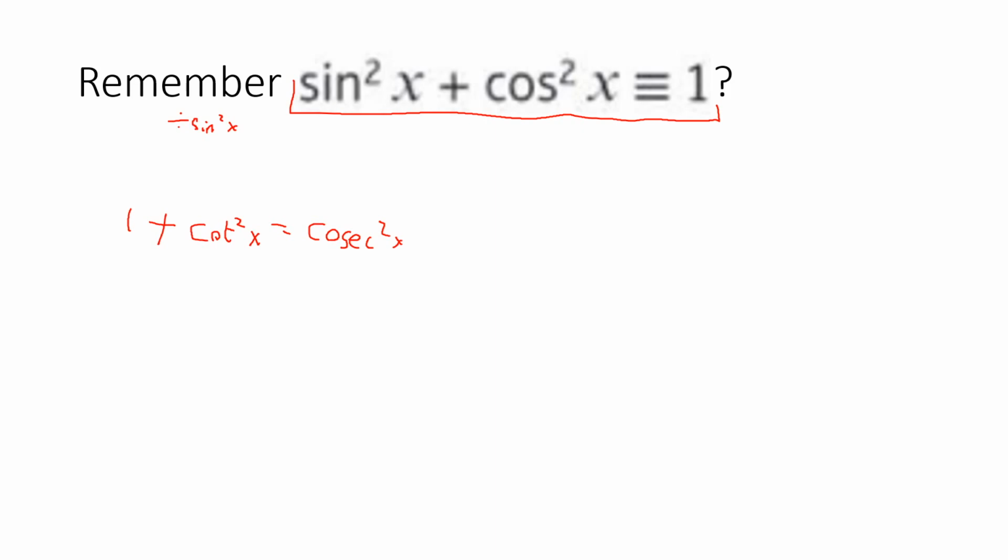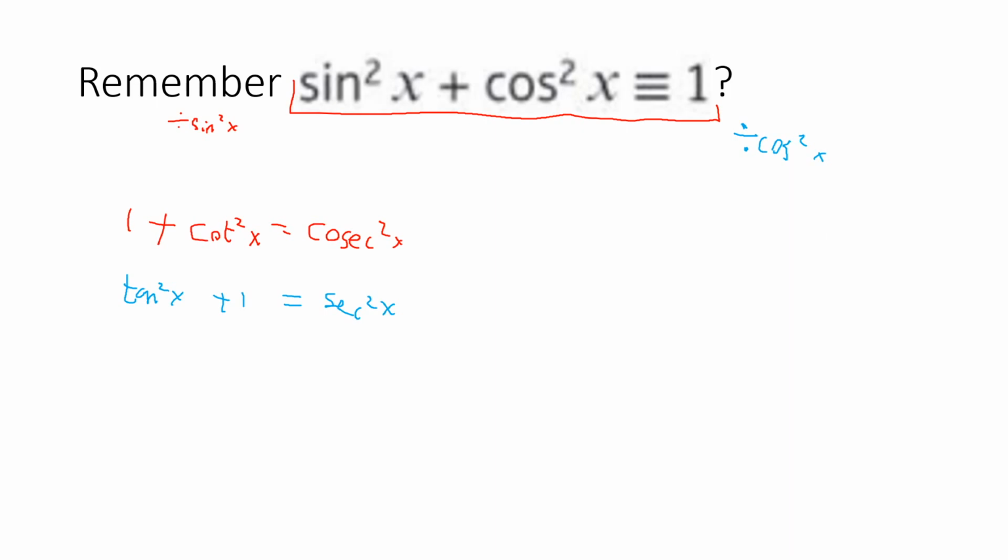And all we've done is divide this top identity by sine. If we divide it by cos squared x, we get sine over cos is tan squared x, cos over cos is 1, and that's equal to sec squared x.